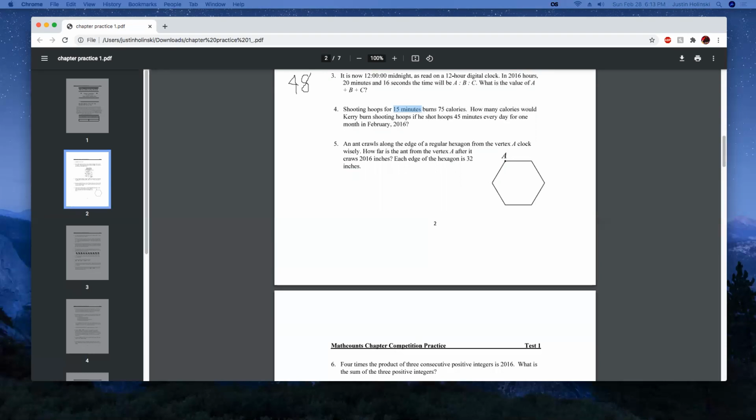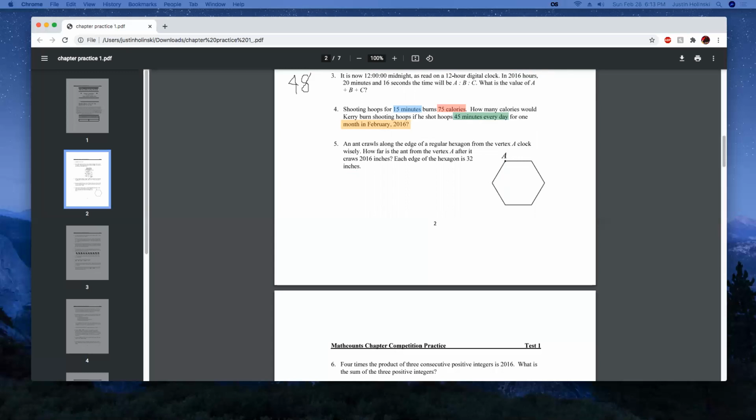So shooting for 15 minutes burns 75 calories. How many calories would Carrie burn shooting hoops if she shot hoops 45 minutes every day for 1 month in February 2016?